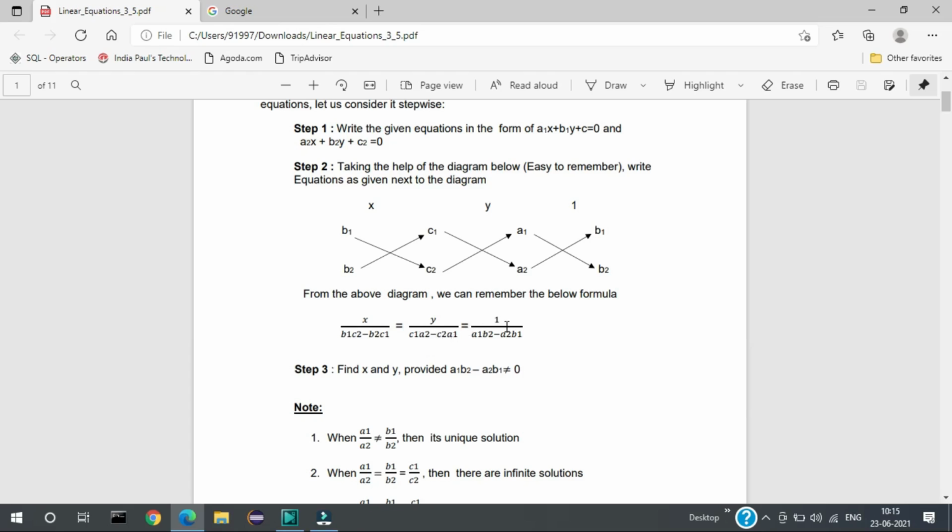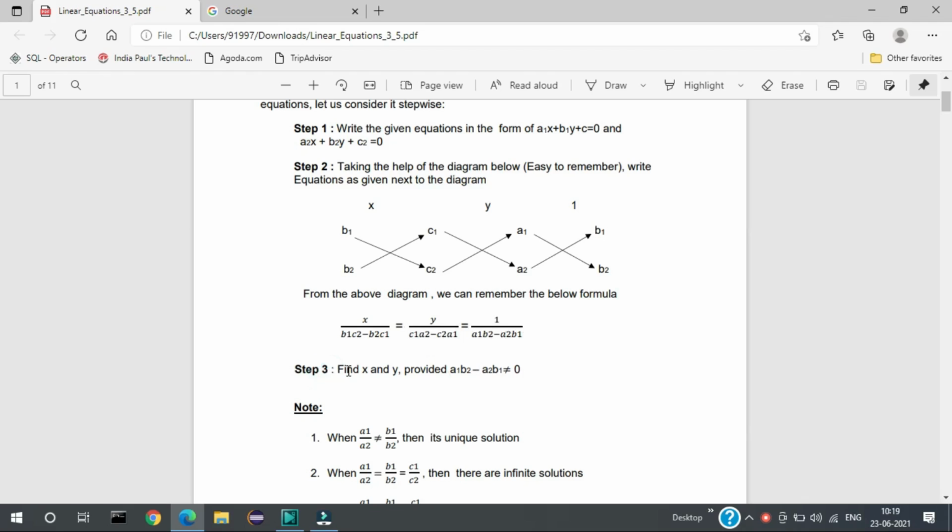That implies 1 by a1 b2 minus a2 b1. So to find x and y, we need to have this one: x by b1 c2 minus b2 c1 equals to y by c1 a2 minus c2 a1 equals to 1 by a1 b2 minus a2 b1.